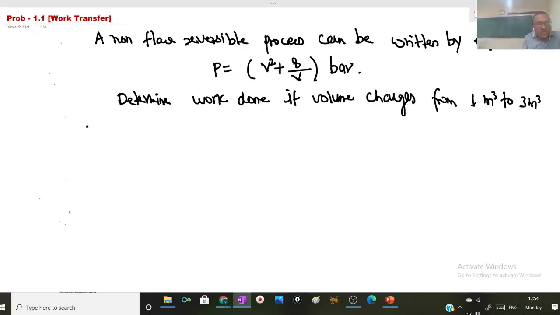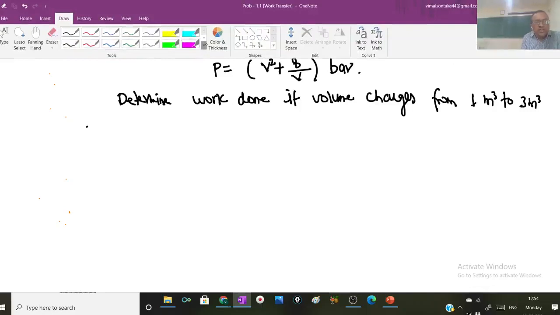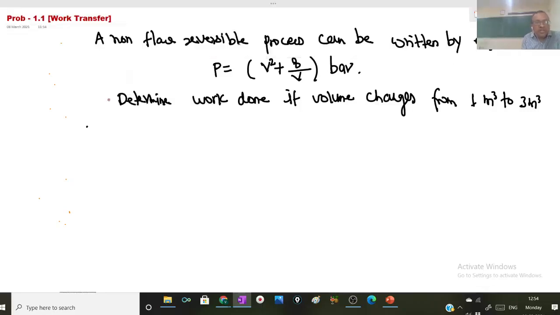Now, before solving the numerical, since it is the first numerical of this thermodynamics I am going to take, please remember these steps. Not only in thermodynamics, but in all subjects, at least in all thermal engineering subjects.